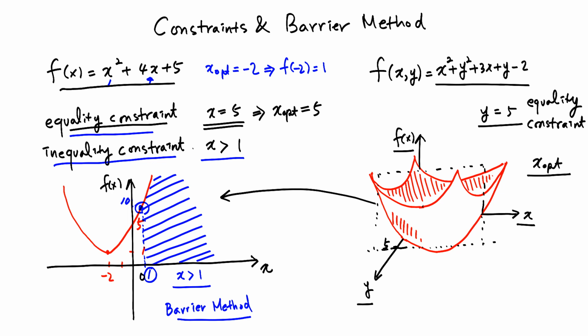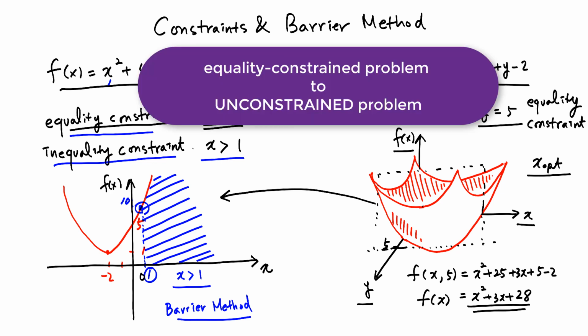Another way of looking into this is this. This function f(x, y) becomes f(x, 5), and this is x squared plus y squared, which is 25, plus 3x plus y, which is 5, minus 2. So this becomes x squared plus 3x plus 28. So you can consider this as a function of x, and this will be a parabola.